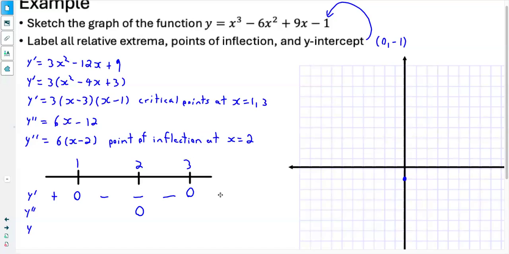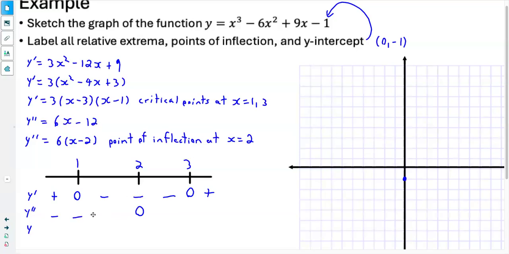And then choose a point like 4. If I plug 4 in for these, I have a positive times a positive times a positive. So therefore, we know we got a positive value. Do the same thing with the intervals here. Once again, I could probably use 0 for this one, because it's to the left of this 2. If I plug 0 in, that gives me negative 12.